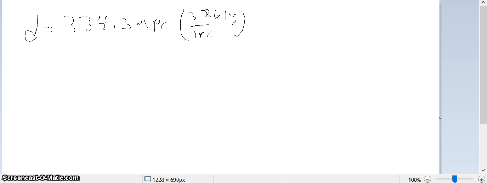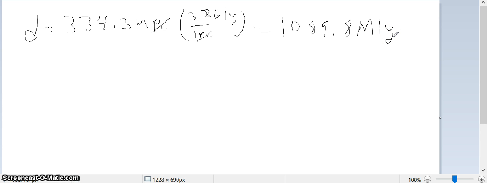Of course, there's 3.26 light years in a parsec. So the parsecs cancel, and that gives us the number of light years, which I get to be 1,089.8 mega. Of course, the mega hasn't gone anywhere, but now it's in light years.